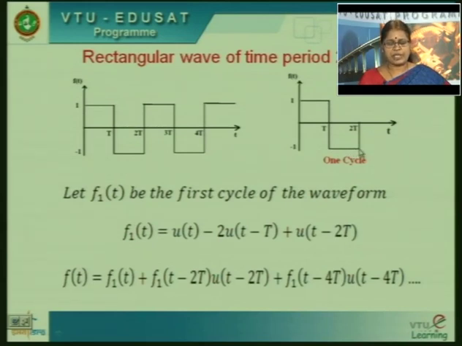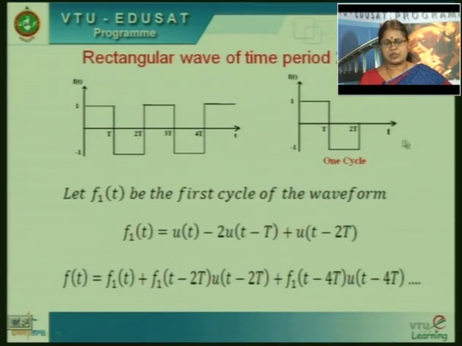But now my aim is to make the magnitude of the function 0 at t equal to 2T. Now the function magnitude is minus 1. If I add another step function whose magnitude is plus 1 at this point, the resultant magnitude will become 0.